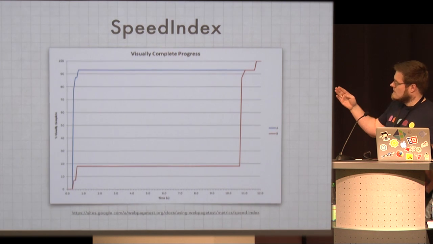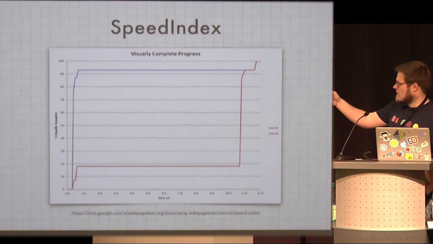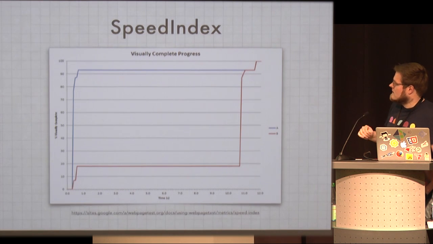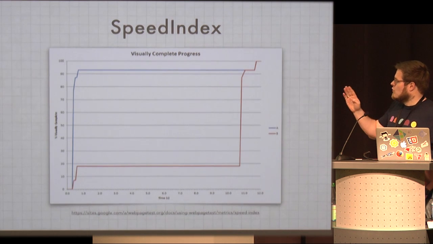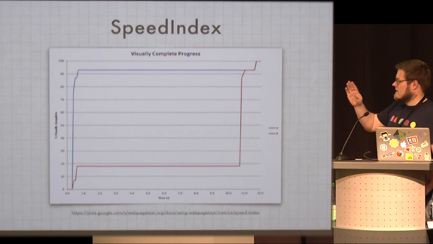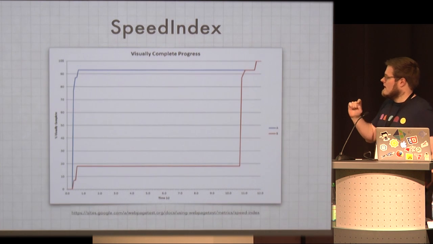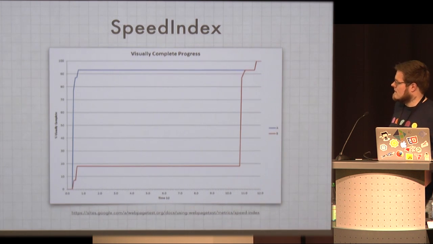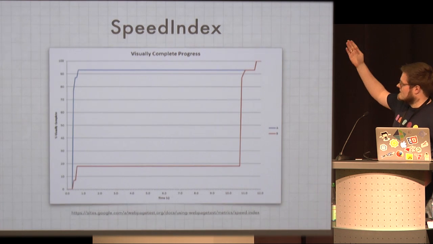So the blue page started rendering about 300 milliseconds, for example. The red one did as well, but the blue one made a far higher jump, so it went to 93% in under a second, whereas the red line keeps moving under 20%, and both finish at the same point in time.